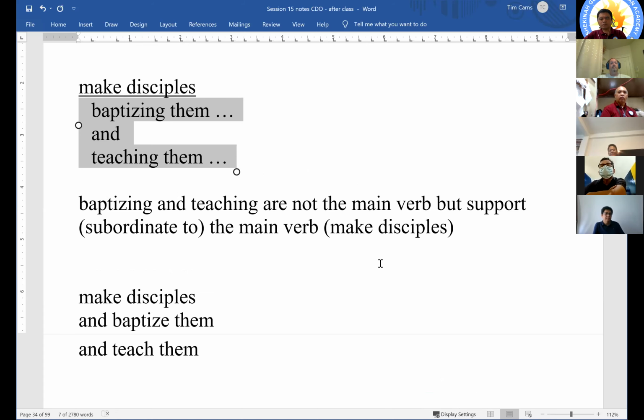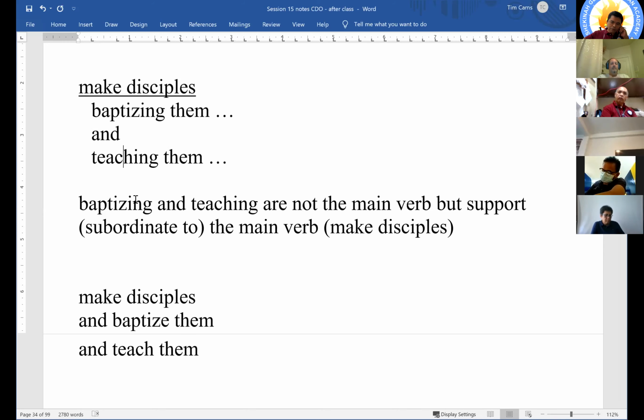If Jesus had said, make disciples and baptize and teach, now he's giving three instructions, and then I'm not sure what make disciples means. It means something else then. But because Jesus used the participles, he was defining for us how to make disciples, because participles are supporting the main verb.